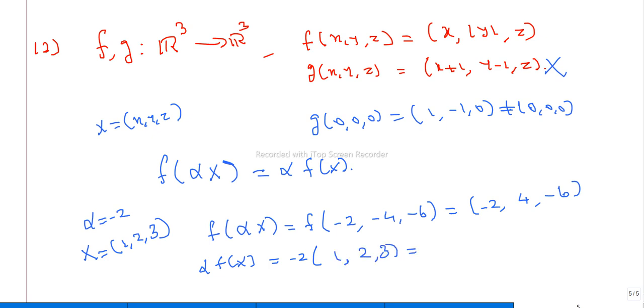If you multiply, we get (minus 2, minus 4, minus 6). These two are not equal, because here the second coordinate is 4, but here the second coordinate is minus 4. Therefore this property is not satisfied. Therefore f is also not linear, because it does not satisfy the second property. Therefore neither f nor g is linear.